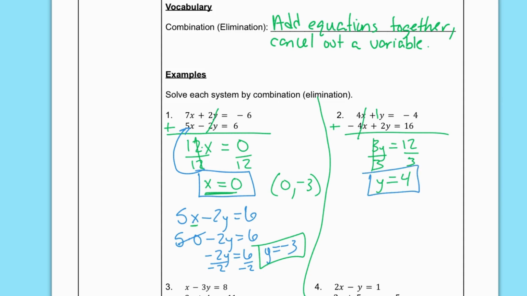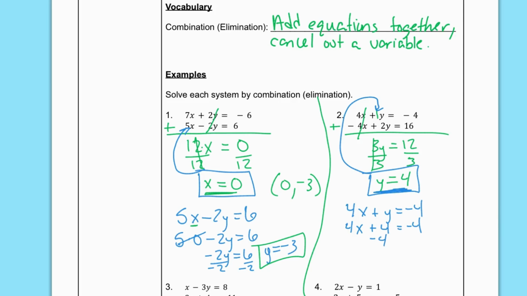And then we're going to go up to either equation. This time I'm going to choose this top one here. So that's the 4x plus y equals negative 4. And the y, I'm going to replace with 4 because that's what it equals. So then that's going to look like 4x plus 4 is equal to negative 4. And then we solve this equation.